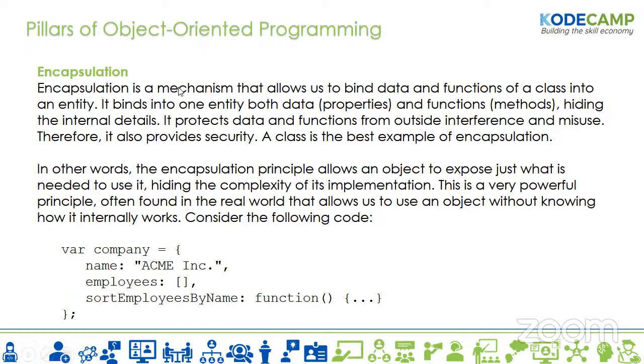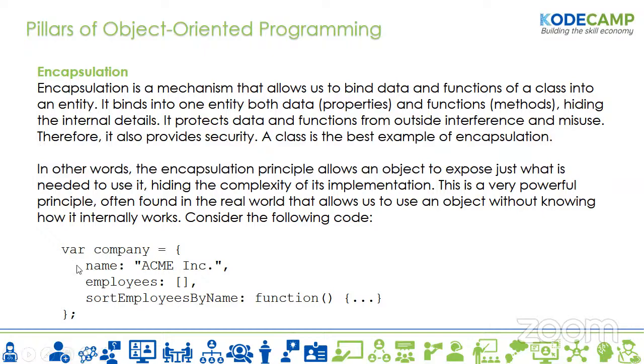Now, one of the other things it does is it also provides security, and a class is the best example of encapsulation. So let's look at this. It says here, in other words, the encapsulation principle allows an object to expose just what is needed to use it, hiding the complexity of its implementation. Okay, so let's look at this example we have here.